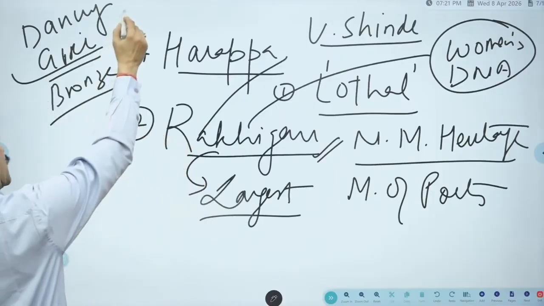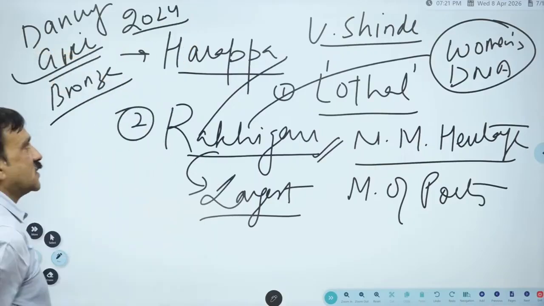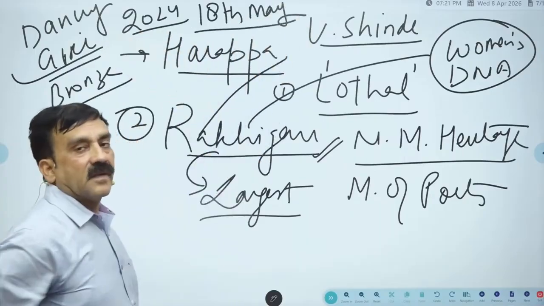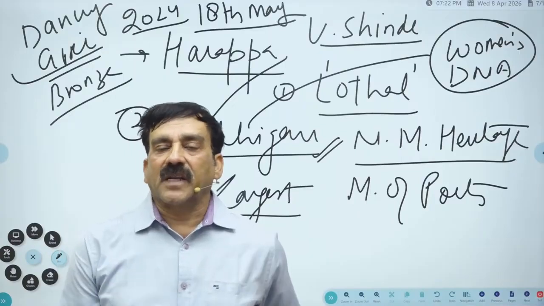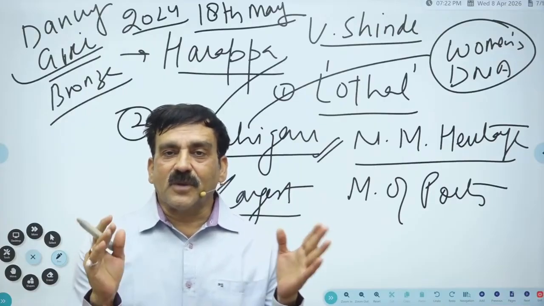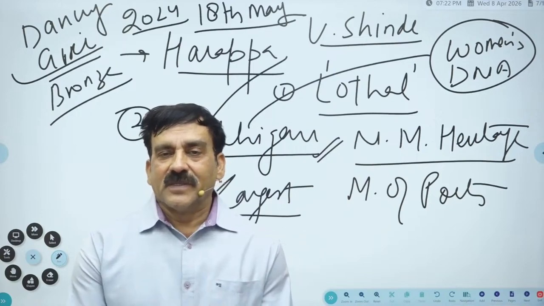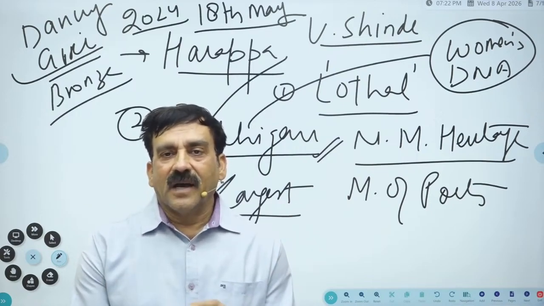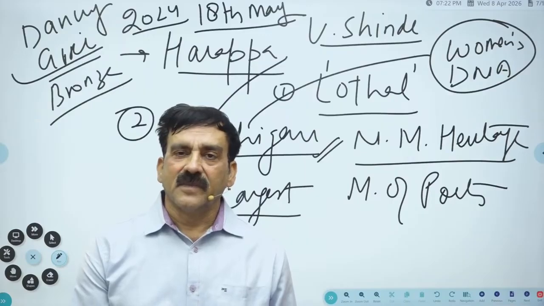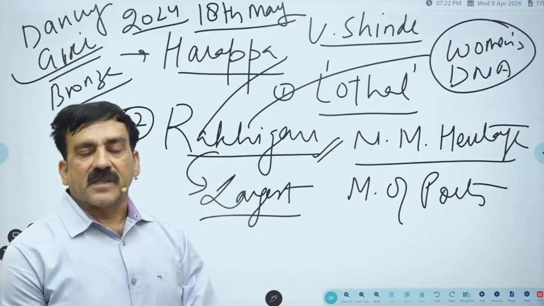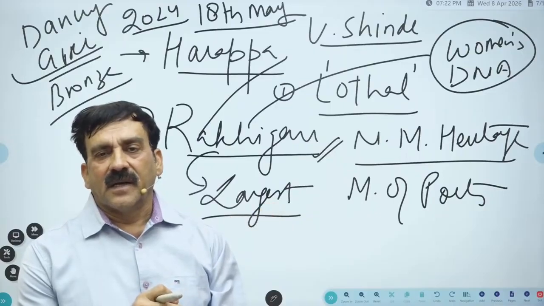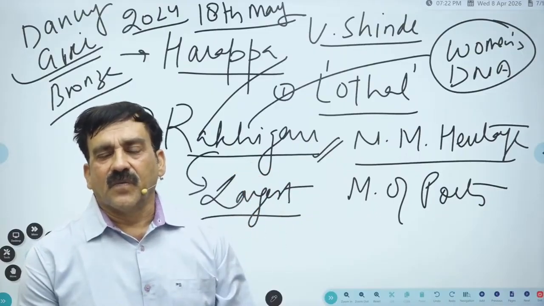Because in 2024, especially on 18th May, which is celebrated as International Museum Day, very important, on this day our PM Modi ji inaugurated an expo at Pragati Maidan in Delhi. In this expo, the mascot was a dancing girl matching the same dancing girl found at Mohenjo-daro.